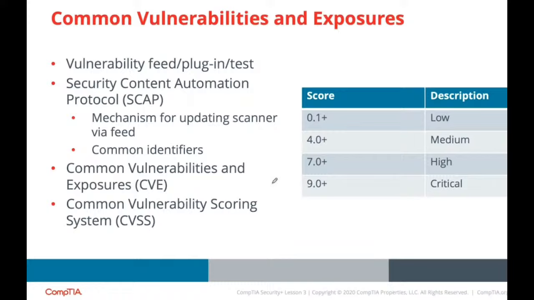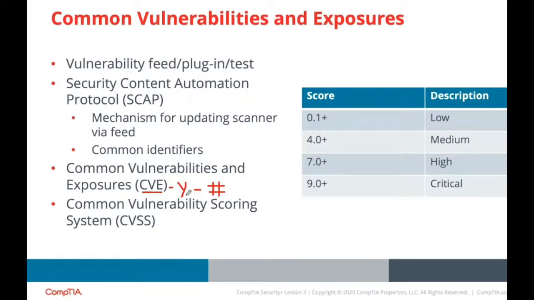CVE.mitre.org is the website where you will find all the vulnerabilities listed. After CVE there is the year, and then after that there is a number. That's basically the identifier and its format. CVE stands for common vulnerability and exposure.